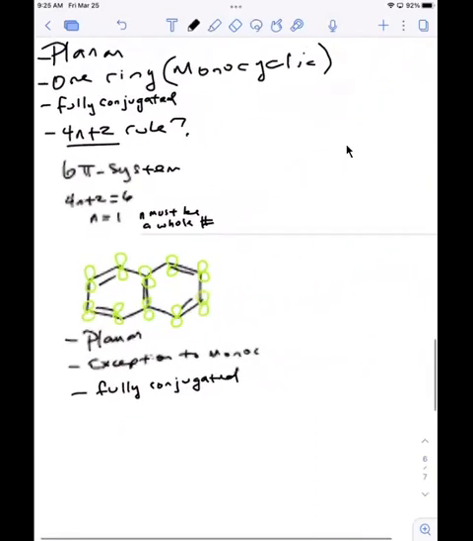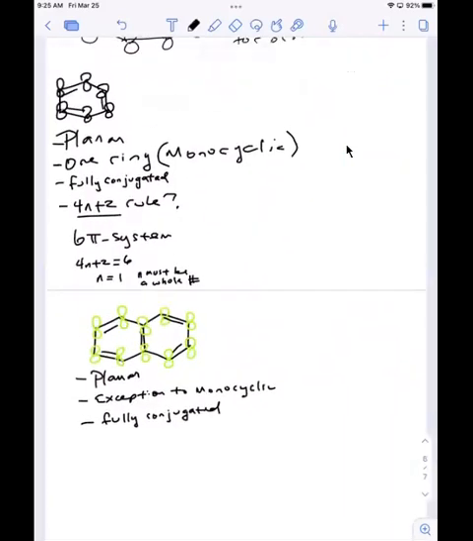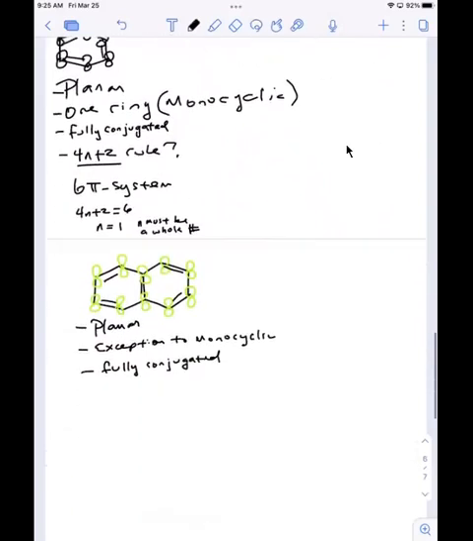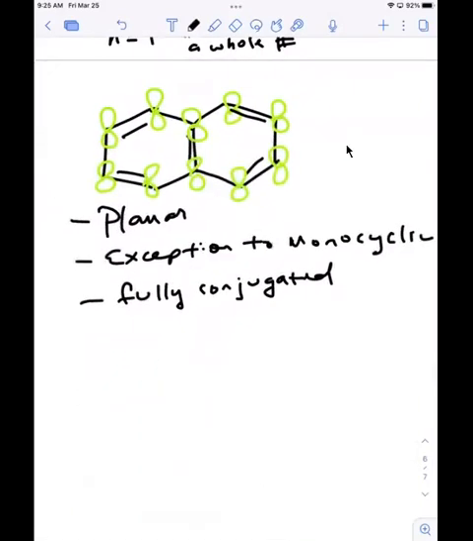All right, so that's aromatic. It meets all the criteria. Oh, wait a minute. We didn't do the 4n plus 2 rule. How many pi electrons are in this system? In order to answer that question, all you do is take the number of pi bonds that you see and multiply by 2, because there are 2 pi electrons in every pi bond, just like there are 2 electrons in any bond.